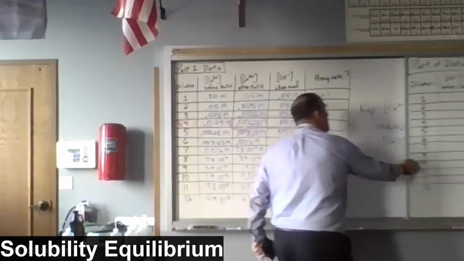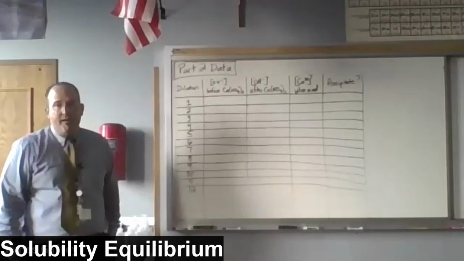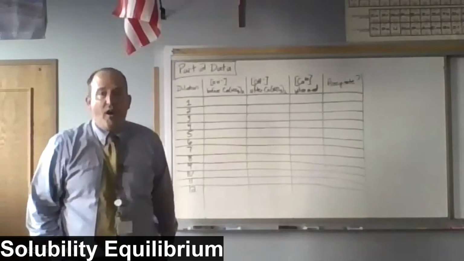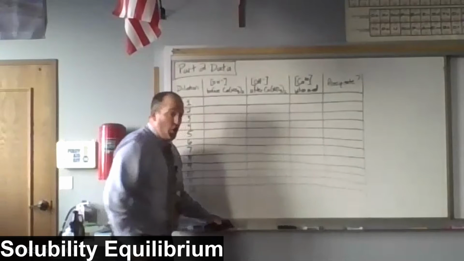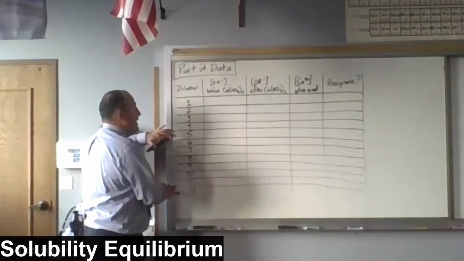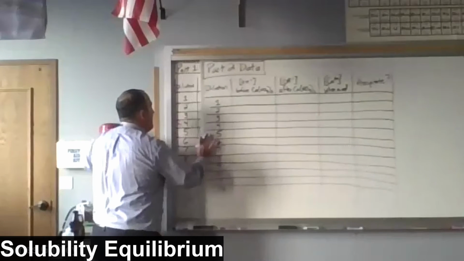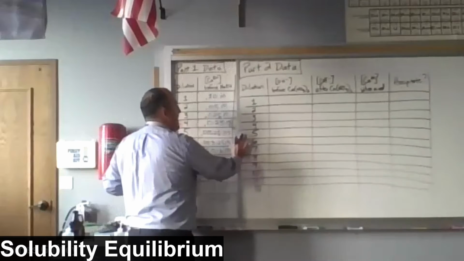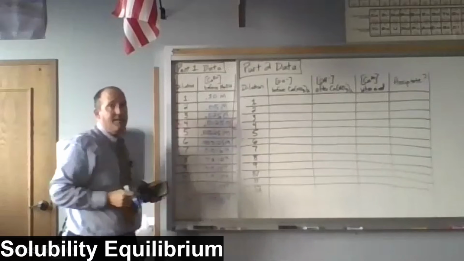Remember, part 2, we were adding calcium ion to a serial dilution of hydroxide ions. So it's going to look exactly the same as the data table from part 1. In fact, I even encourage you to just copy the numbers from the first column of the part 1 data table into the part 2 data table.